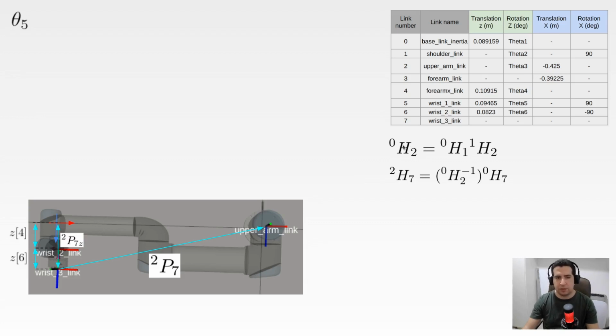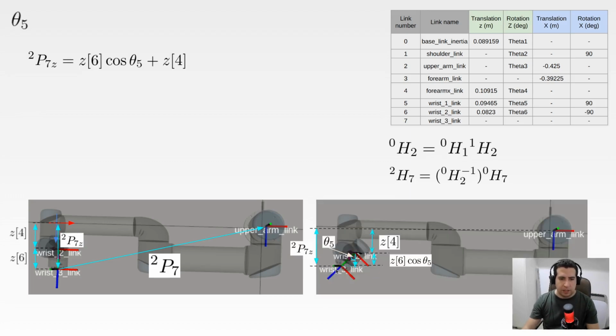If you have theta 1, you are capable of calculating the orientation and position of the upper arm link, that's frame 2, with respect to link 0, that's base link inertia. So in order to find the transformation between frame 7 and 2, you invert this matrix and multiply it by the desired transformation, position and orientation, and then you have the position and orientation of this frame with respect to this one.